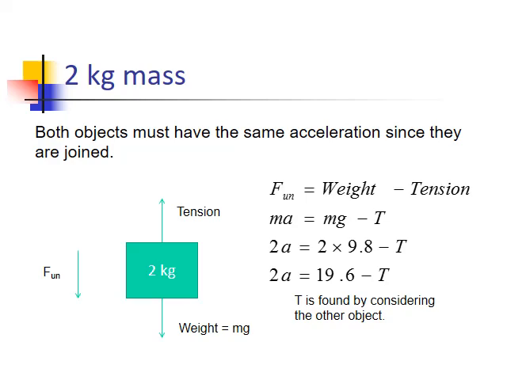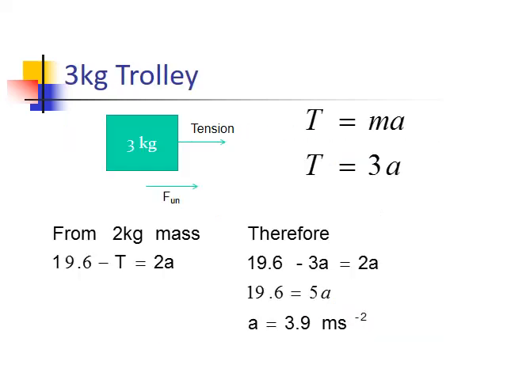To work out the acceleration, we need to look at the tension, which means we need to consider the other block. So by considering the other block, the tension equals the mass times the acceleration, and the tension is 3 times a. So from earlier, our relationship 19.6 minus T equals 2a.